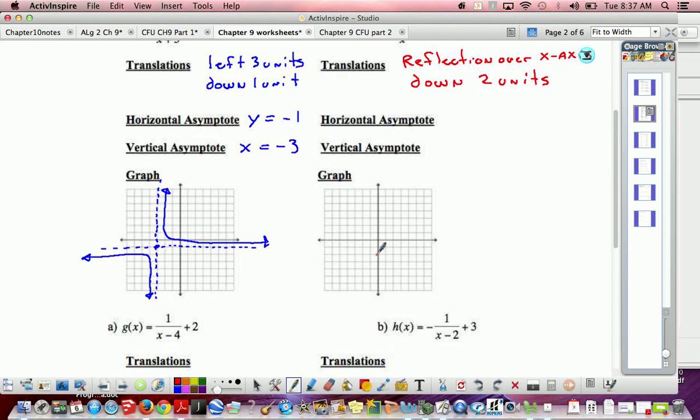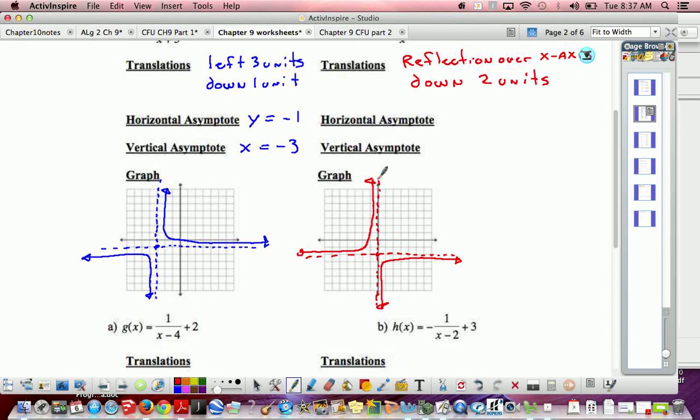I'm not going left or right, but I went down 2 units. So if I look at my asymptotes here, I can graph those. Now normally I'd be in quadrant 1 and 3, but since it's a reflection over the x-axis, it's now in quadrant 2 and 4.